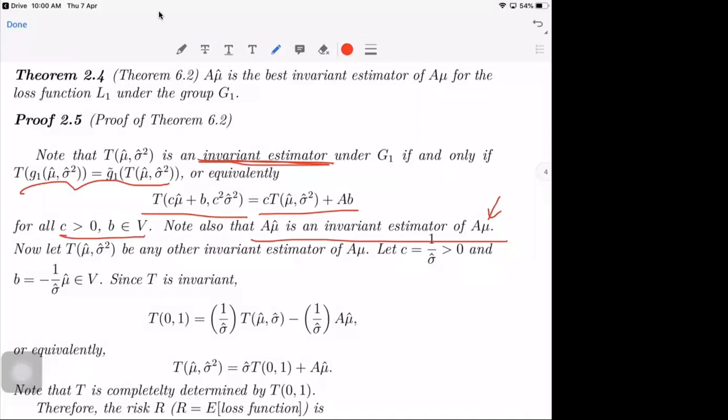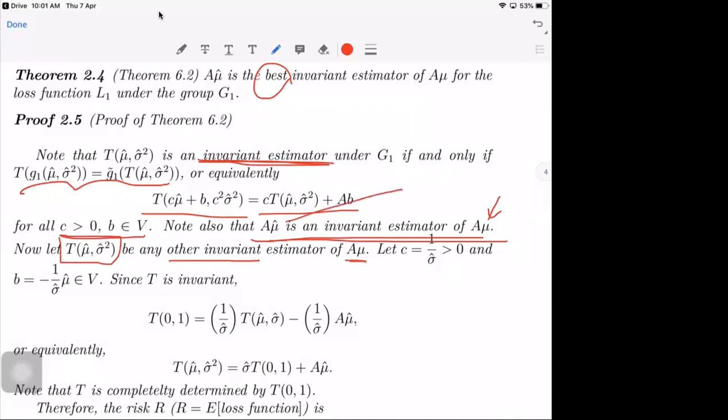So, to show that it is best, it is already invariant with respect to the loss function. To show that it is best, you have to show a competing invariant estimator. So, let T of mu hat, sigma hat be any other invariant estimator for A mu.